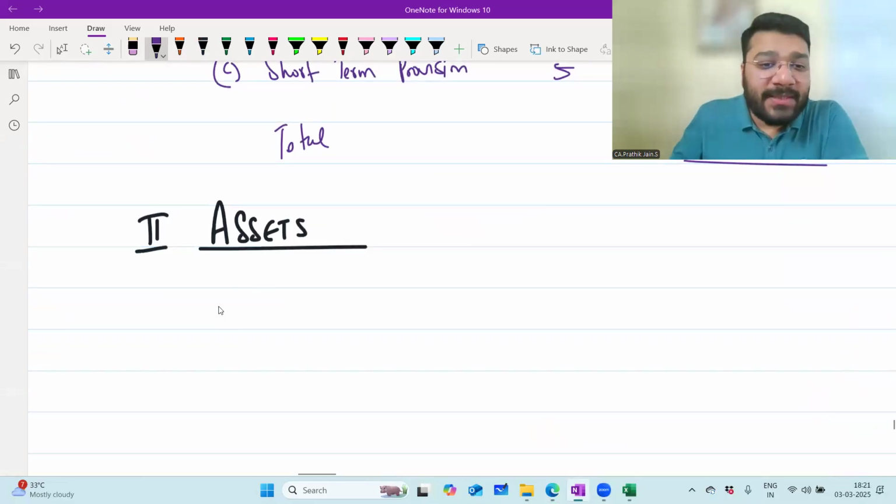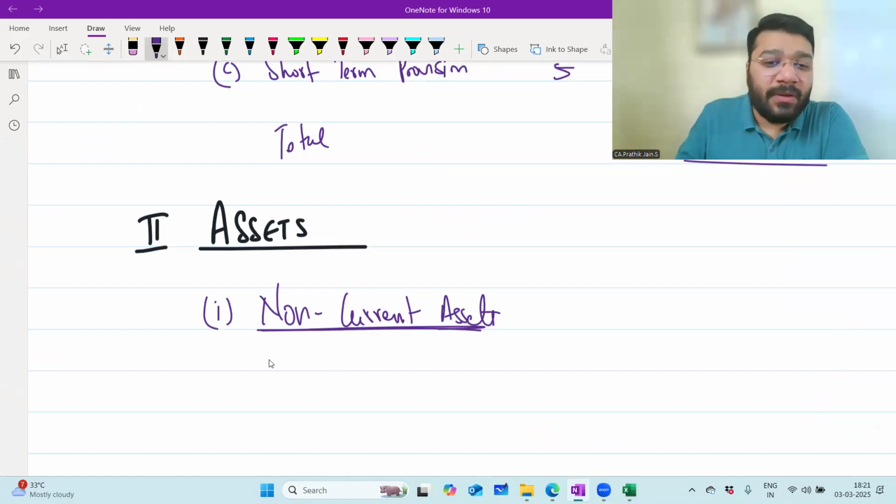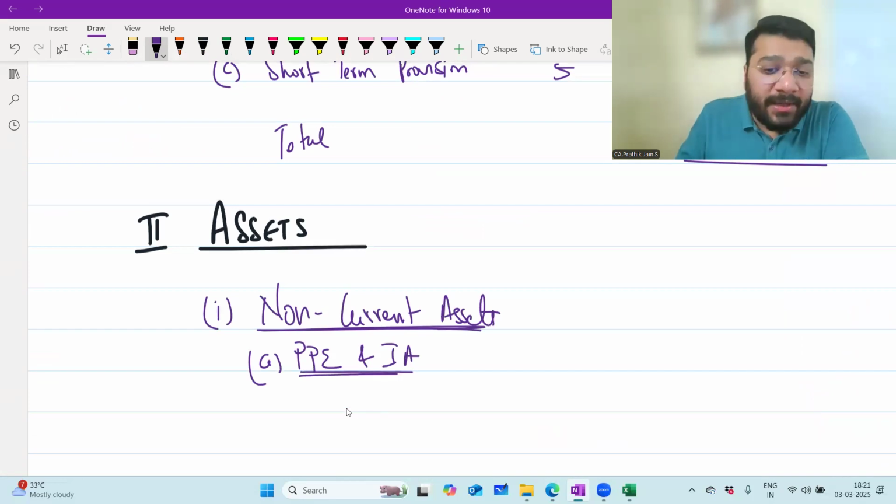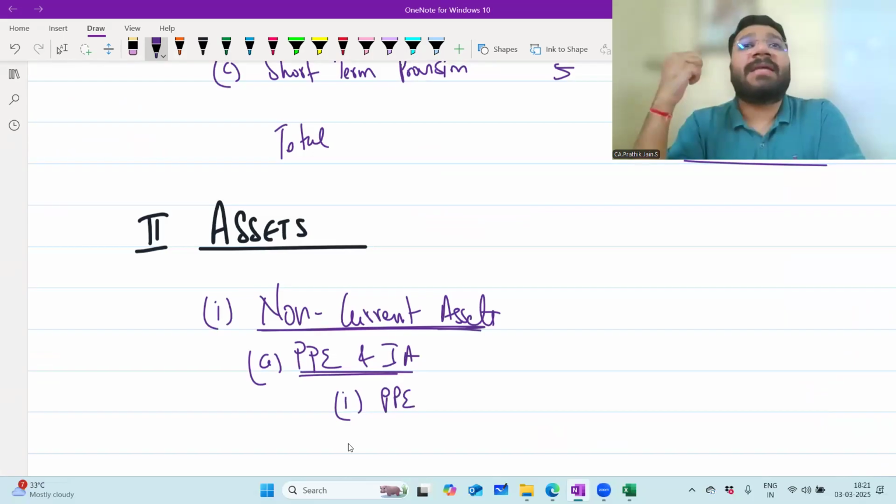Okay, the first one under this is, very good, non-current assets. Under A is property, plant, equipment and intangible assets. Under that it is PPE, intangible assets, then capital work in progress, and then intangible assets under development.